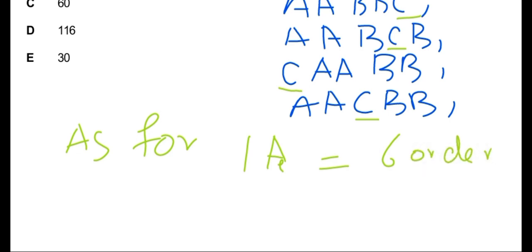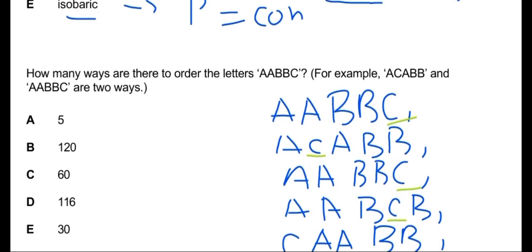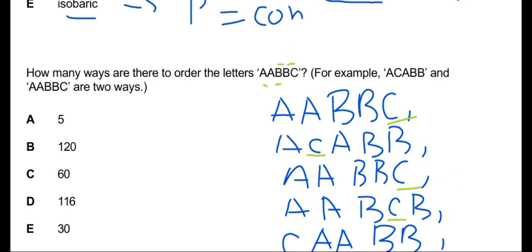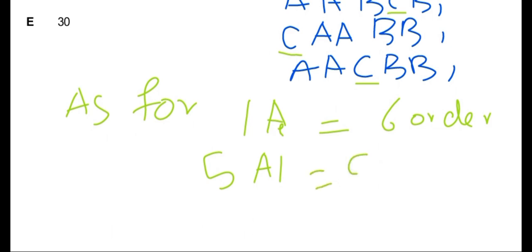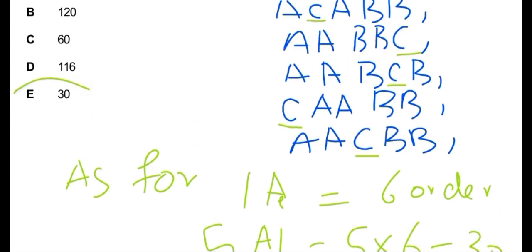So for five alphabets, and these are 1, 2, 3, 4, 5, it is equal to 5 multiplied by 6, which is equal to 30 orders. So our right option is E.